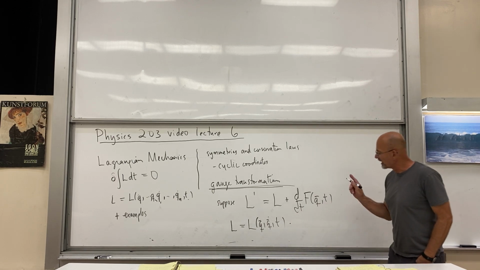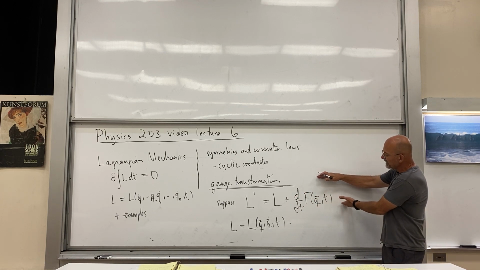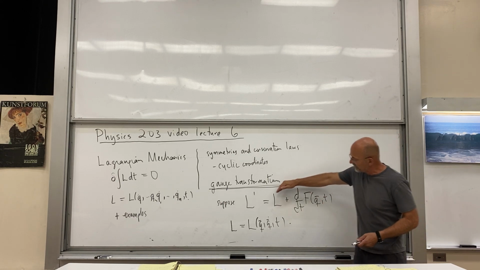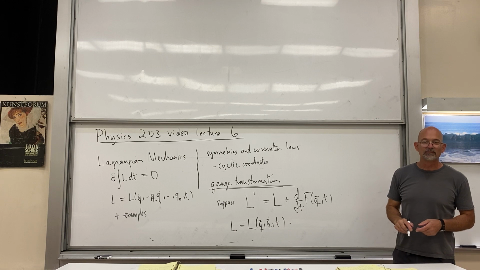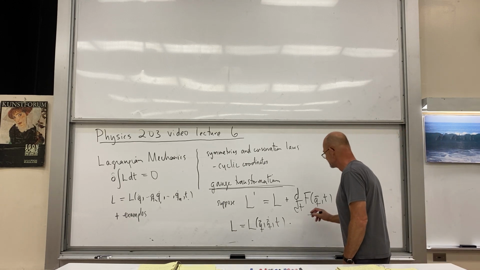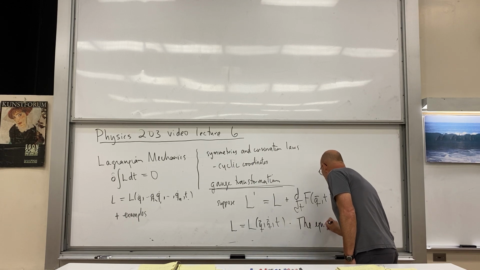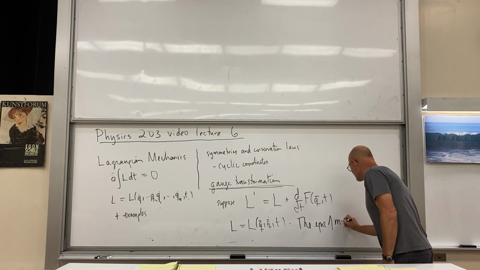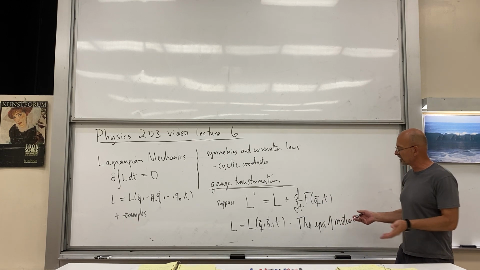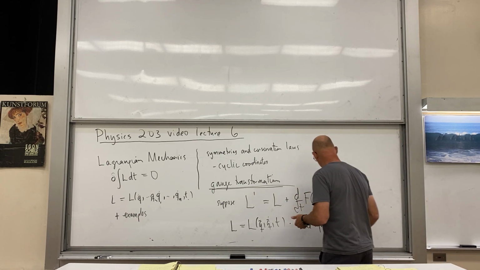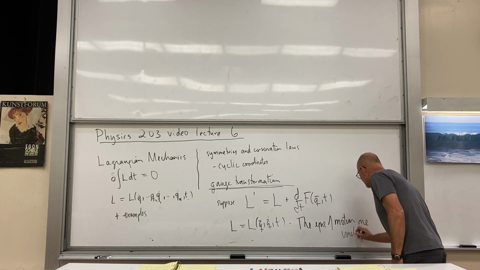Well, we can quickly show that this transformation, from one Lagrangian to another, leaves the equations of motion unchanged. And that means the physics is unchanged, and they're both describing the same physics.